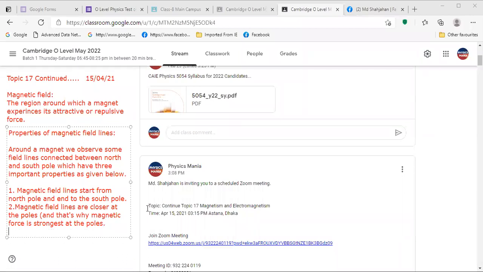Then number three, magnetic field lines never cross over each other.